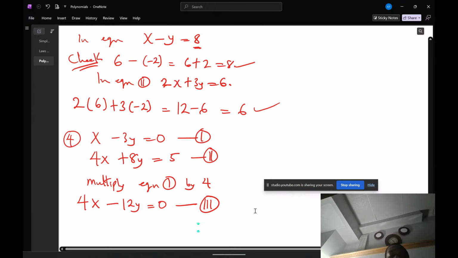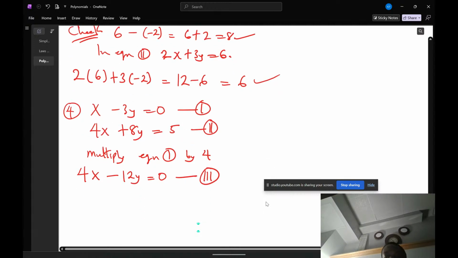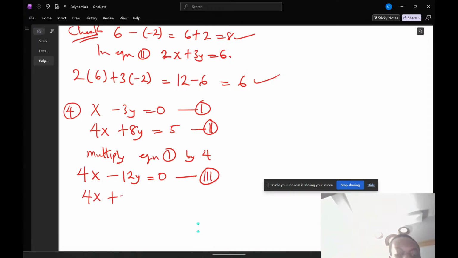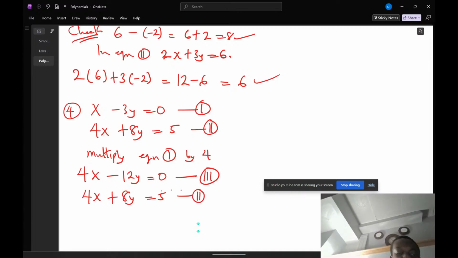So we subtract equation 2 from equation 3 now. Equation 2 is 4x plus 8y is equal to 5. So now let's subtract from each other. We have 4x minus 4x is 0, and we have minus 12y minus 8y.